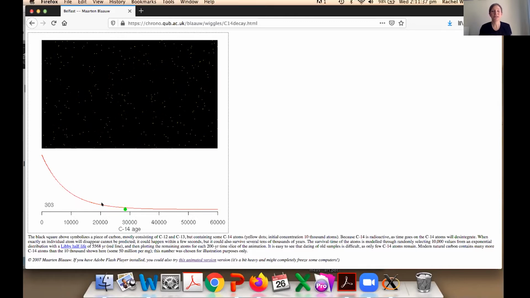And then by the time we get to 50,000 years, there are so few carbon-14 atoms that we can't actually distinguish the carbon-14 atoms in the sample from the carbon-14 atoms that we would get from measuring a blank in our equipment. Okay, so yes, by 50,000 years, there's hardly any carbon-14 atoms left and a very, very slow rate of change.